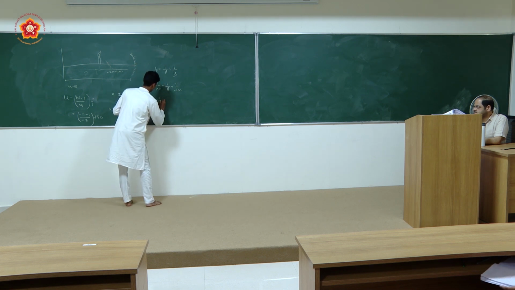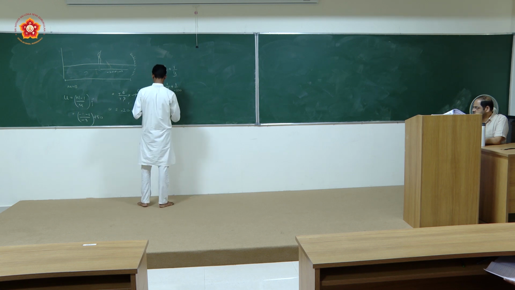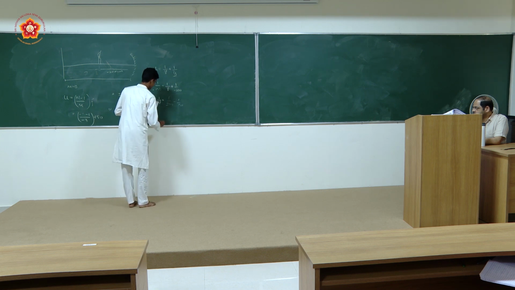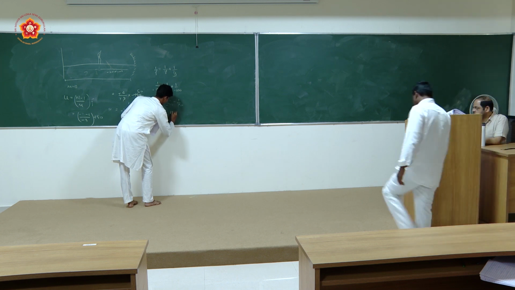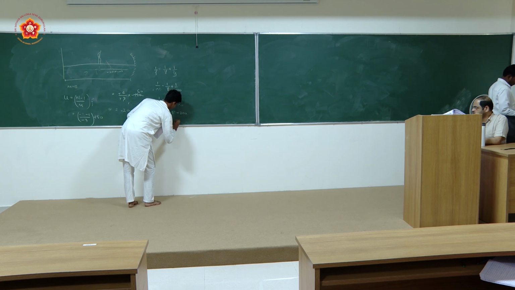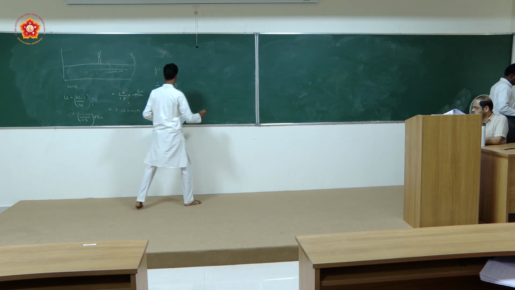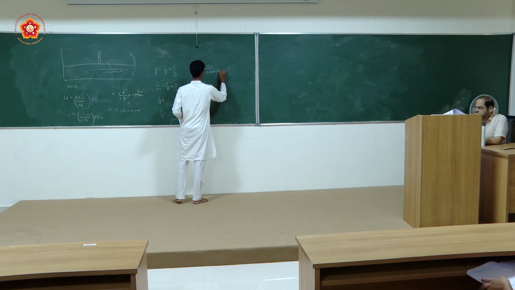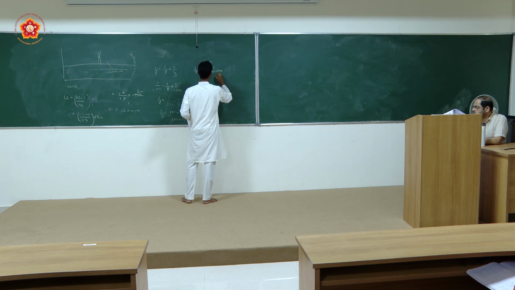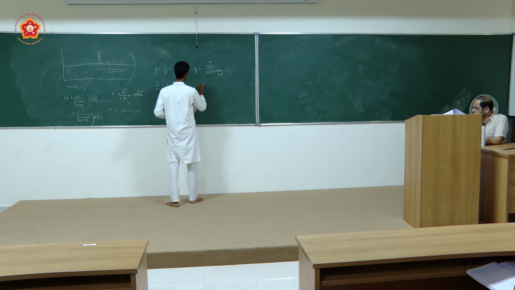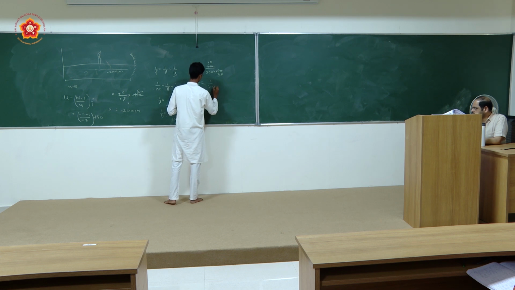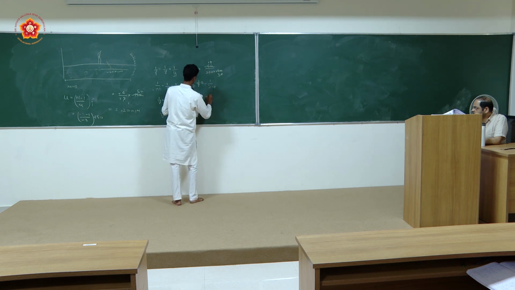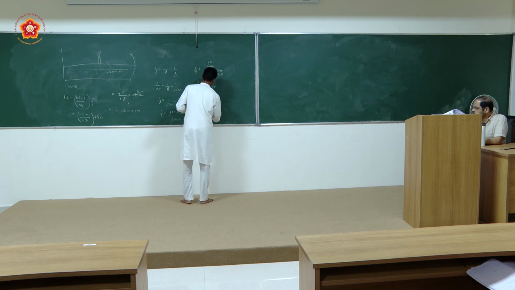So 1 by v is 1 by 200... So now v is equal to 600 centimeters.